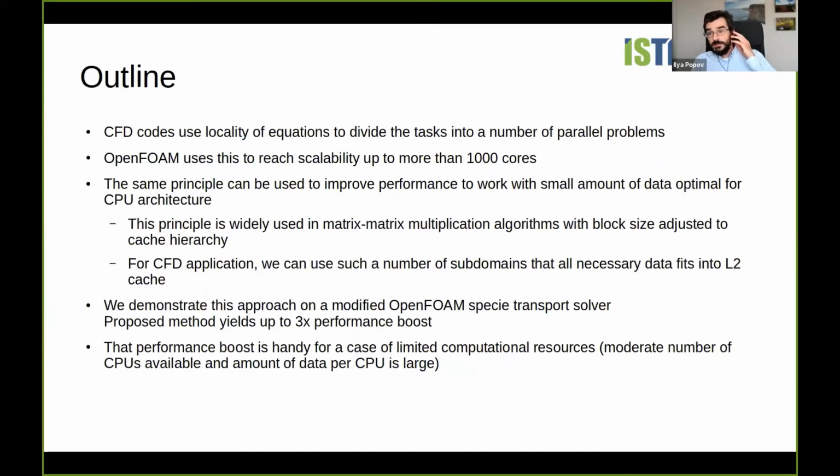Normally CFD codes use the locality of fluid dynamics equations to divide a domain into multiple subdomains and compute them in parallel. This is already used in OpenFOAM. We can reach scalability up to thousands of cores, but the same principle can also be applied on a smaller scale to take advantage of different levels of CPU architecture.